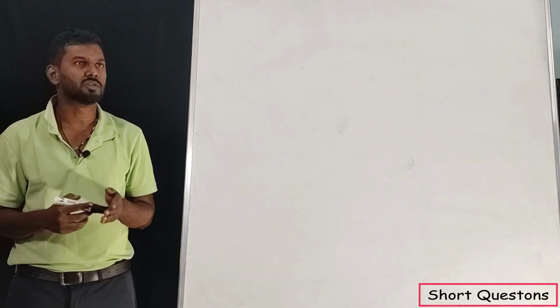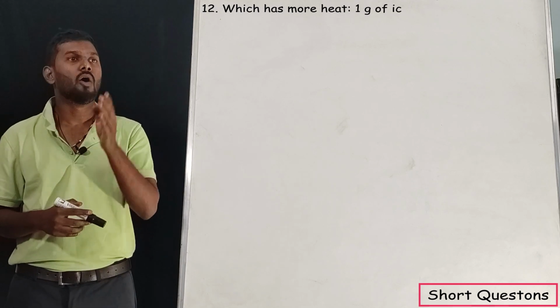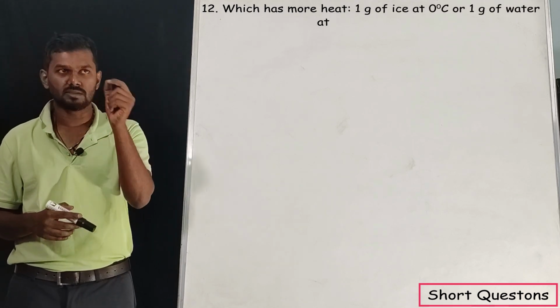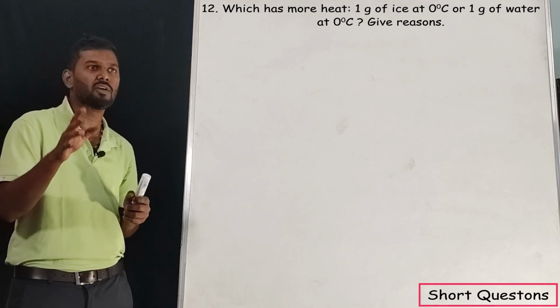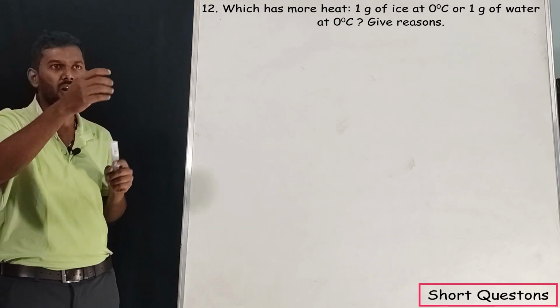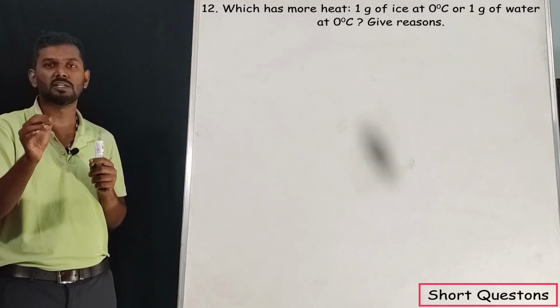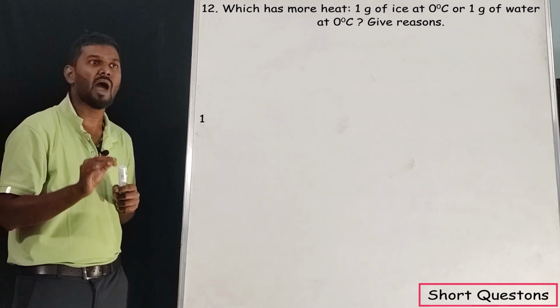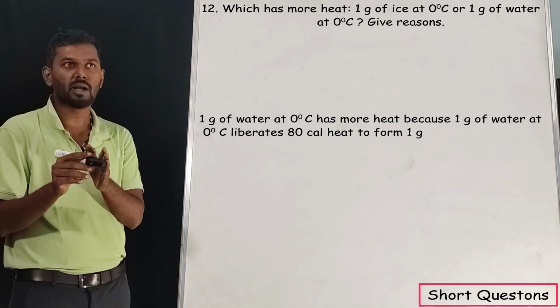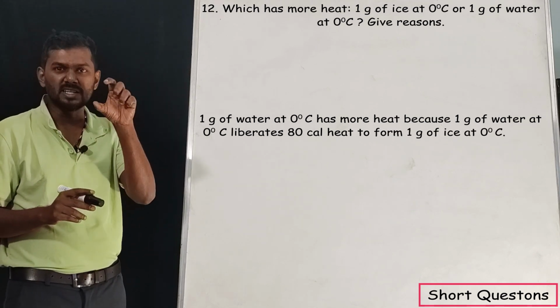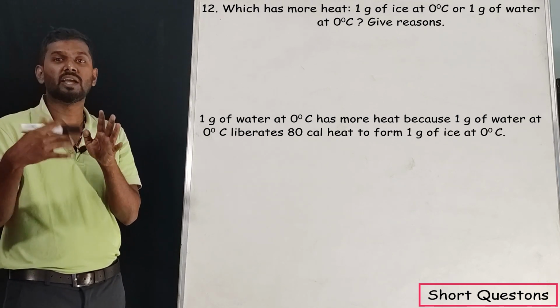That's it. Our next question: which has more heat, 1 gram of ice at 0 degree Celsius or 1 gram of water at 0 degree Celsius? See, they have given 1 gram of ice and 1 gram of water, both at the same temperature, that is 0 degree Celsius. We have to tell which has more heat. See, always keep one thing in mind: ice will always liberate heat.